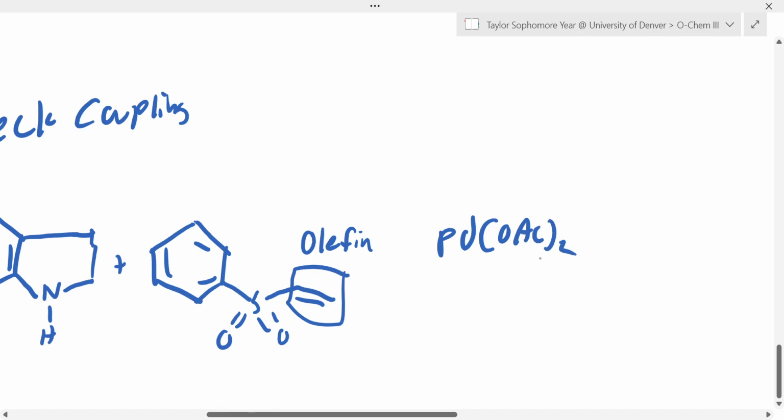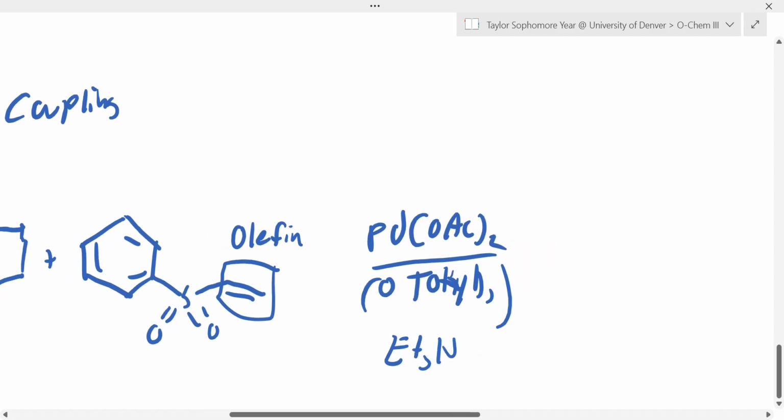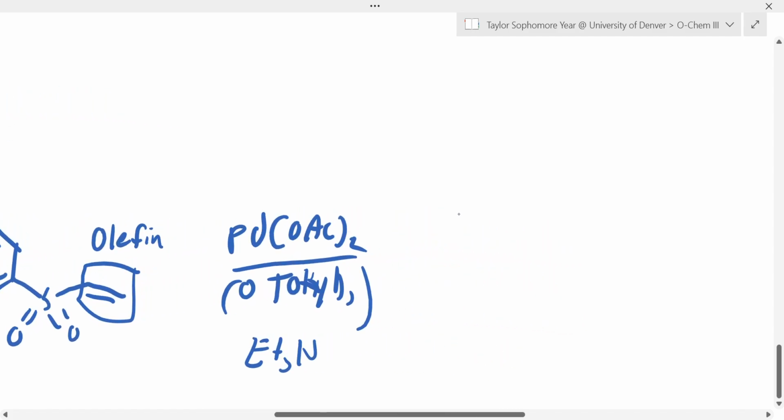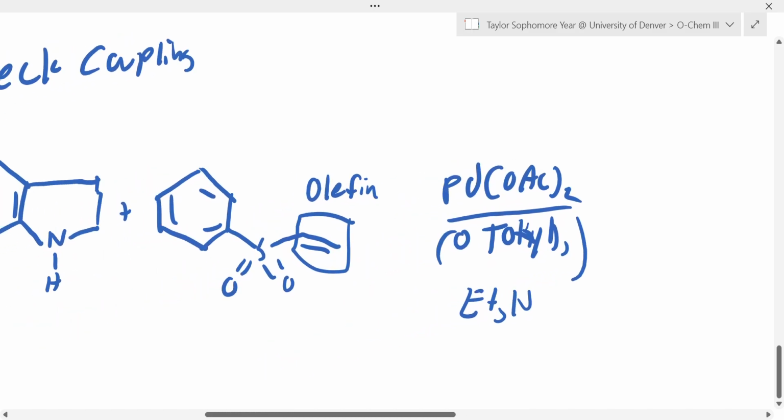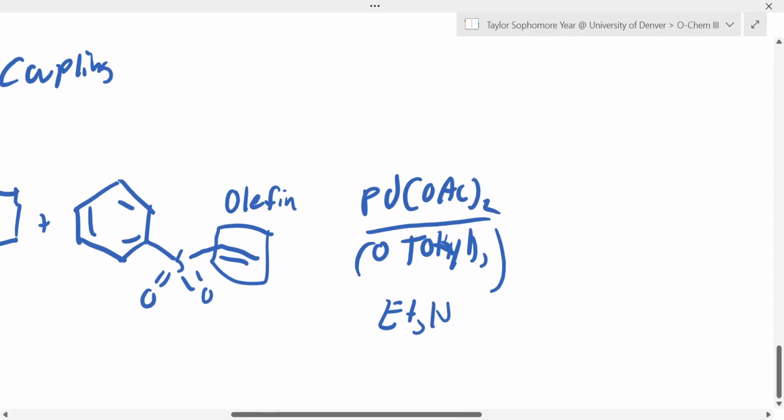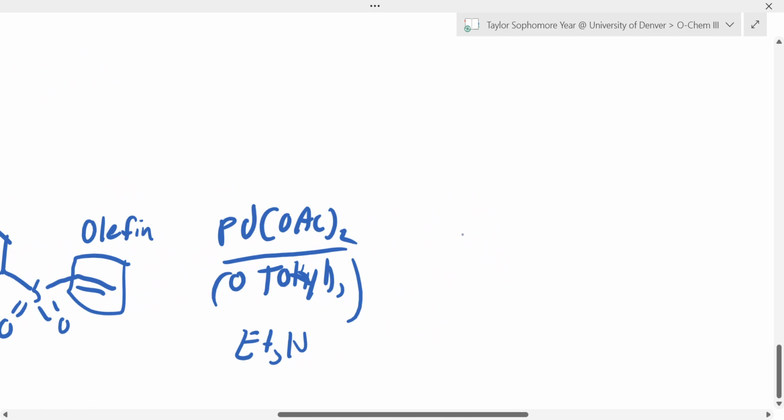So we'll use Pd(OAc)2, P(o-tolyl)3, sorry, bad handwriting, and Et3N. Essentially, because we see here an E configuration, it will internally rotate, creating this.